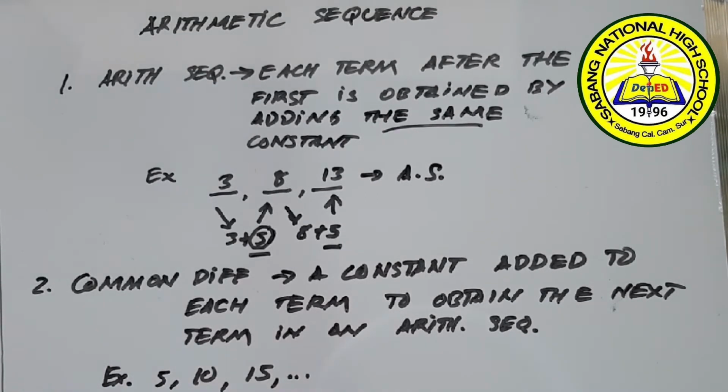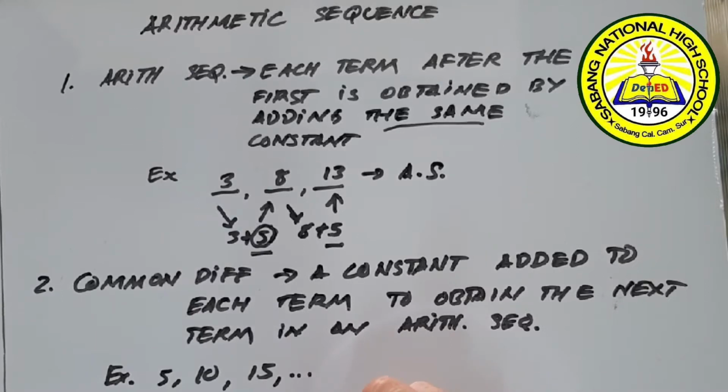Therefore, our common difference is 5. Another example, we have 1, 3, 5, 7. The common difference here is 7 minus 5. The common difference is 2. So that is what we call common difference.